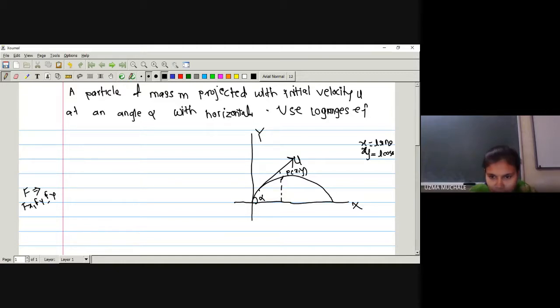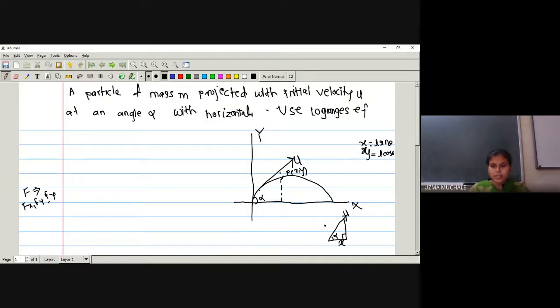So this triangle we can consider, right? Let me take this triangle somewhere here. So this is u, the velocity. This is a right angle triangle, and this is the angle alpha. Now you have to tell me x and y.